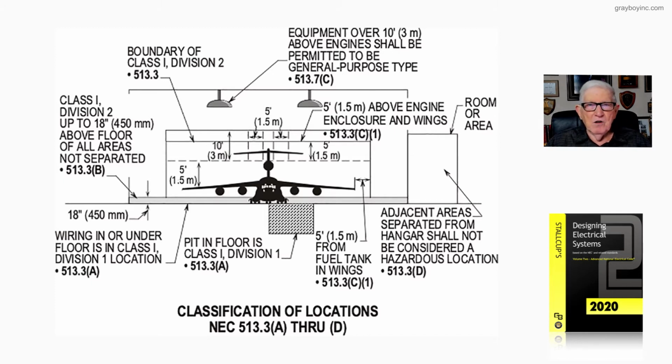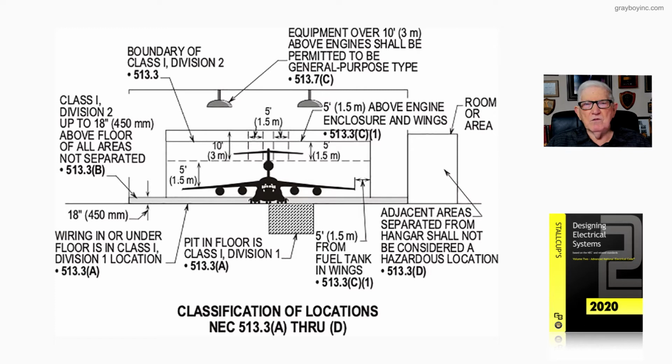But now, notice what you're looking at. You want those boundaries, and for the boundaries you have to go to 513.3 A, B, C, and D. Now, first thing, what about those lighting fixtures? They're over 10 feet above the engines and shall be permitted in general purpose enclosures, which 517.7C gives us permission for.